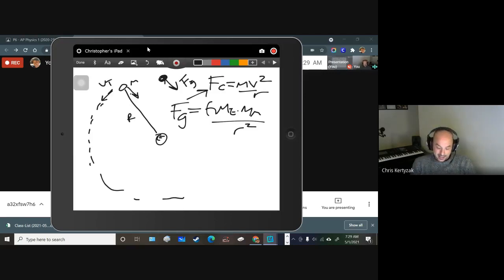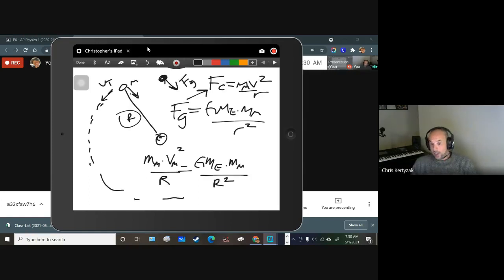Where this m in mv squared over r is always the thing that's in orbit. So that would be the mass of the Moon, right? So I can say that the mass of the Moon times the velocity of the Moon squared over the distance all the way out from Earth to Moon, r, is equal to G times the mass of the Earth times the mass of the Moon all over r squared.